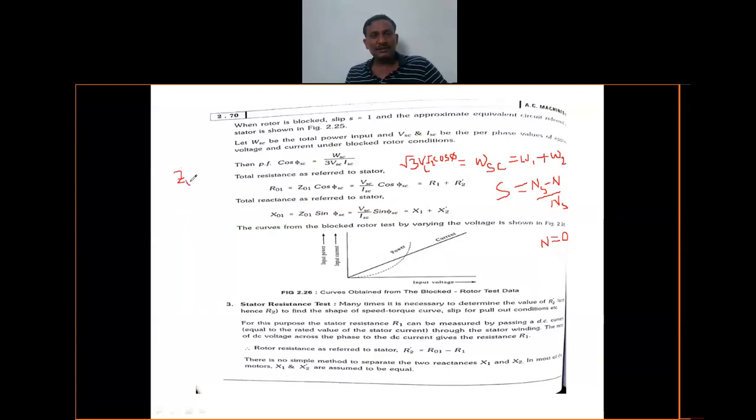Z01 is equal to VSC by ISC, so here you can find Z01. The wattmeter gives WSC is equal to I square R, and Z is equal to root of R square plus X square.